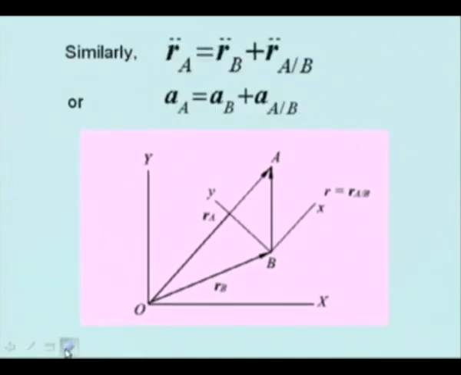Now, in the same way, we can find accelerations. We take the double derivative, which we indicate by double dot on the vectors.